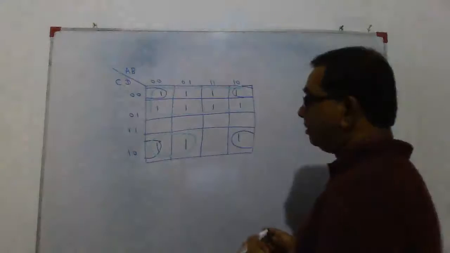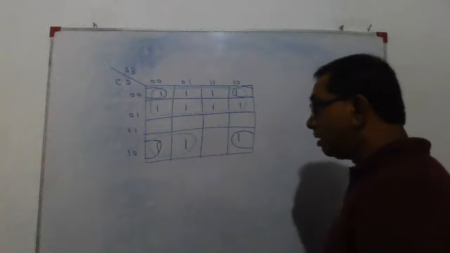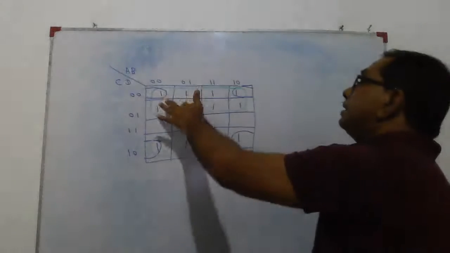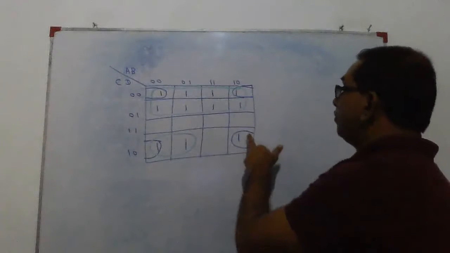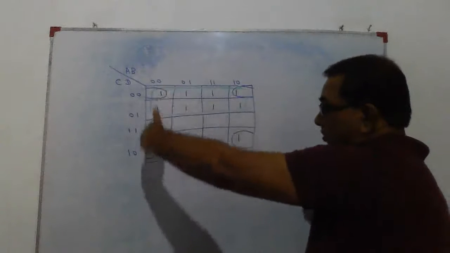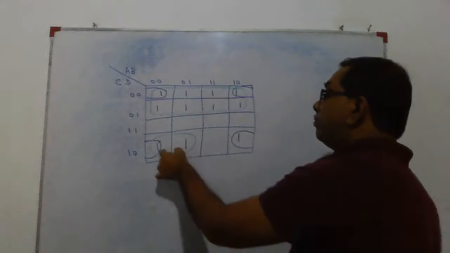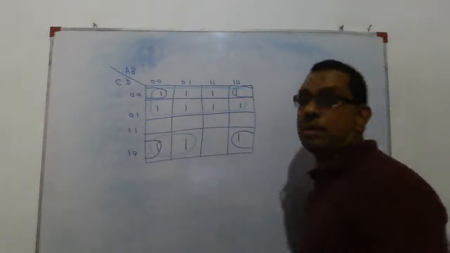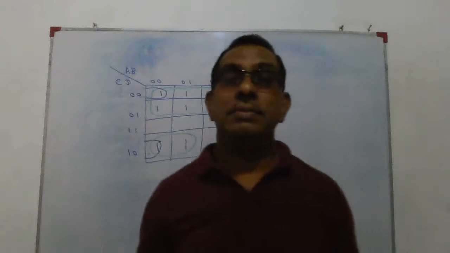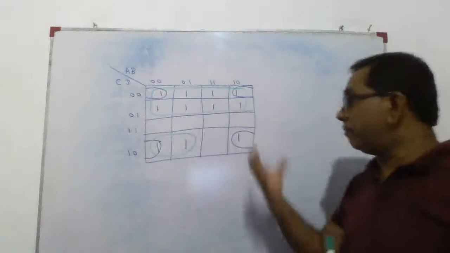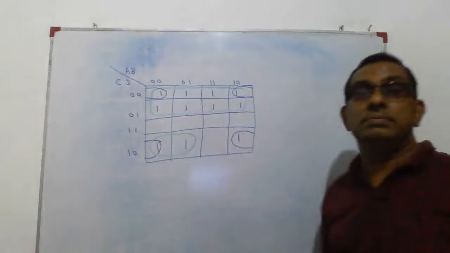Now there are 3 groups. We have a large group with 8 cells. Then we have a group with 4 cells according to the top, bottom and left, right rules. And now there are 2 consecutive cells here. We have joined them. So this is the way of grouping 8. Right?